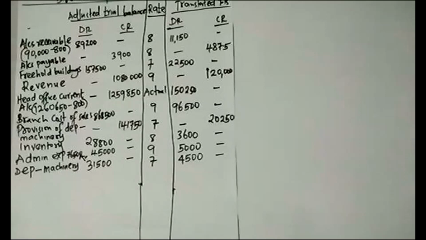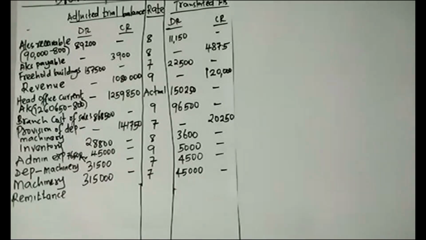Then another thing is remittance. So machinery, that is 315, which we have translated with the rate of 7 because that one is provided.